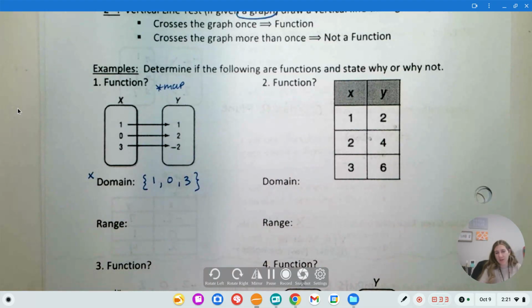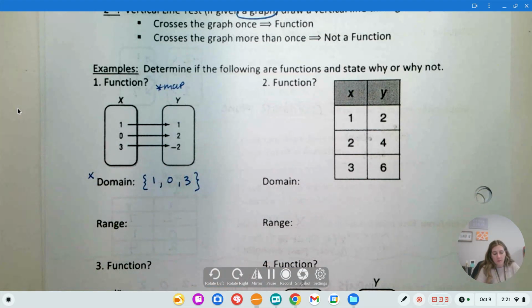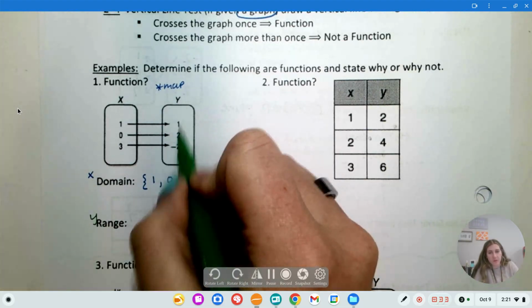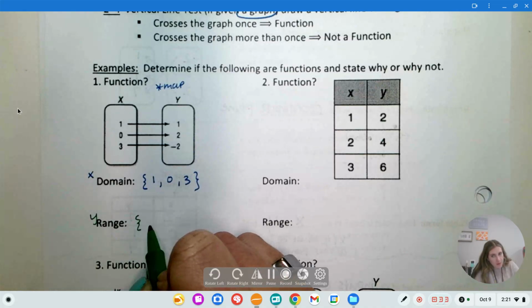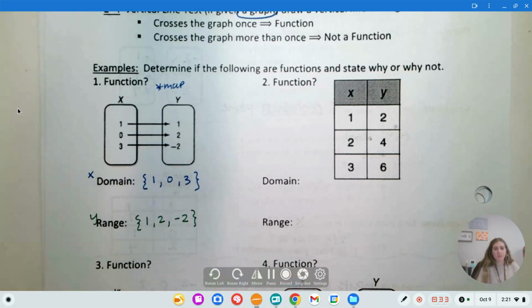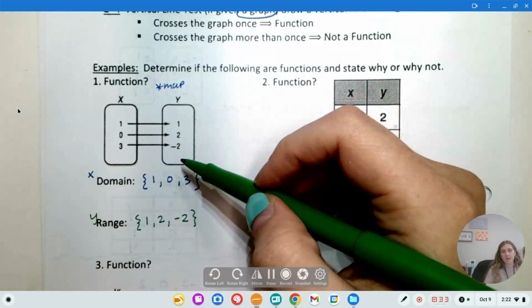It doesn't have to be in order. If you do 0, 1, 3, that's fine too. And range are the y values, so all of these ones. So I'm going to do my fancy bracket, 1, 2, -2. So I listed my domain of x's, I listed my range of y's.